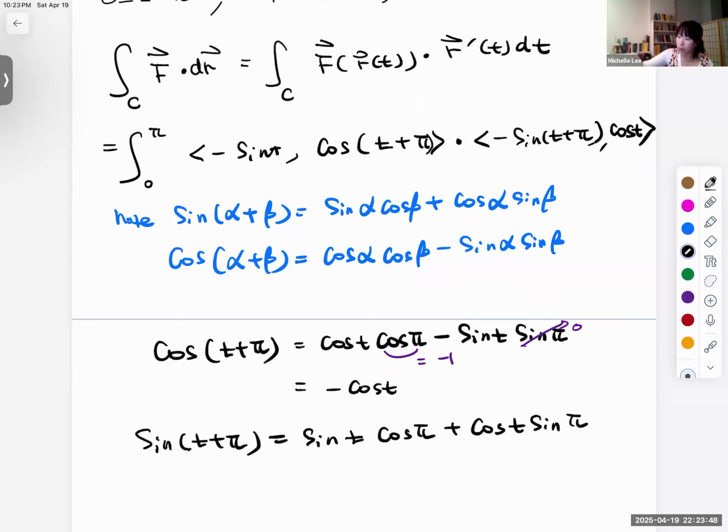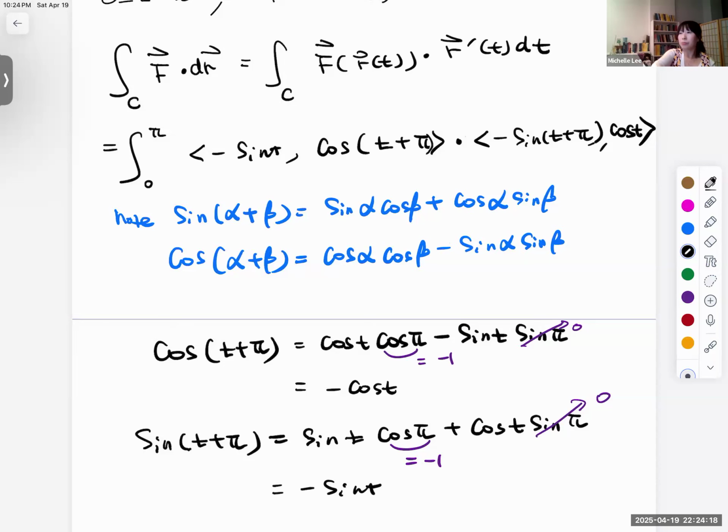Sine pi is 0 as well, and cosine pi is negative 1, I keep forgetting. So this one is also negative sine t.